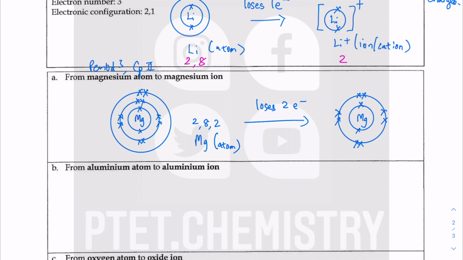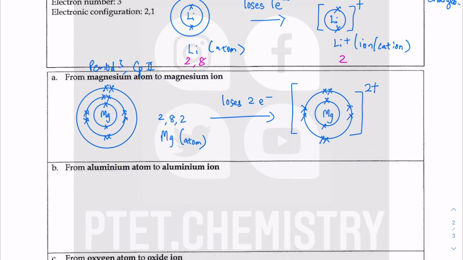Now you have the magnesium ion, so put the 2 plus up there. It's called 2 plus because you lose electrons, you become a positively charged ion, you form cations. You lose 2 electrons, you form a 2 plus charged cation. This is going to be 2,8, this is Mg2 plus ion.